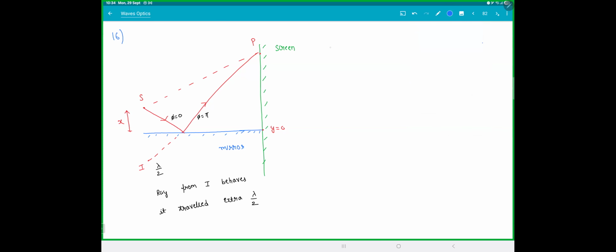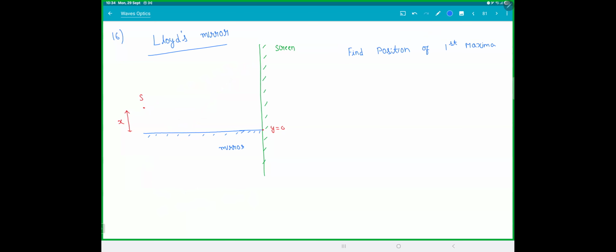So now the path difference delta x will be, if you look at this, we have two sources S and I, and this is point P. Small d will be 2x because this also will be x. Didn't I give you capital D?